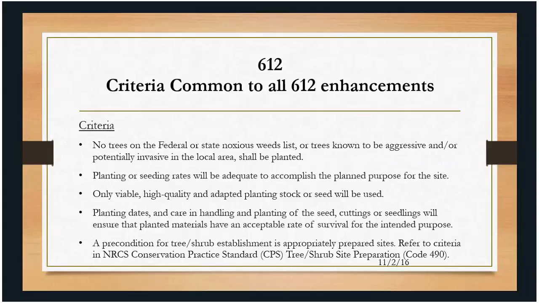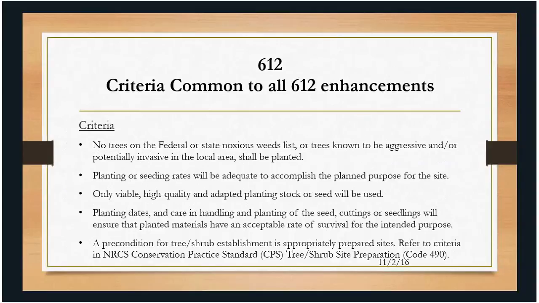The planting or seeding rates will be adequate. Only viable high-quality planting stock will be used. Planting dates, care and handling of all the plant materials must be done so that there's an acceptable rate of survival for the intended purpose.